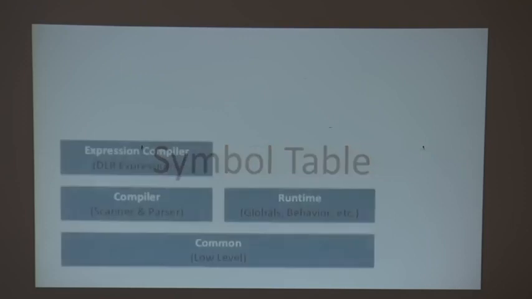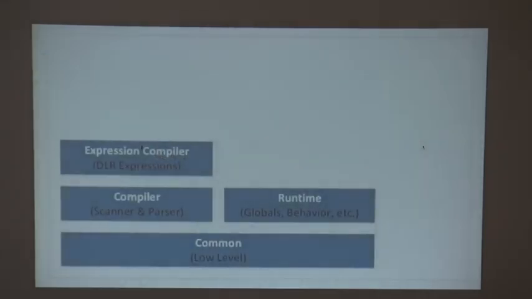We need the symbol table, so symbols. Symbols turn out to be not very useful in this Smalltalk. They are used very rarely, to be honest. Because once you compile it into native code and you have your polymorphic cache working correctly, you don't need them. They are only needed for a few lookups here and there. So we put the runtime component and we put the expression compiler component.